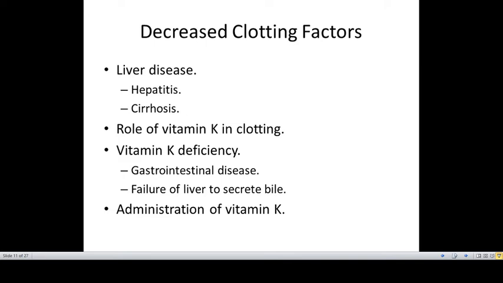Now, this lack of bile prevents adequate fat digestion and absorption, and therefore depresses vitamin K absorption as well. Vitamin K is injected into surgical patients with liver disease or with obstructed bile ducts before the surgical procedure is performed.